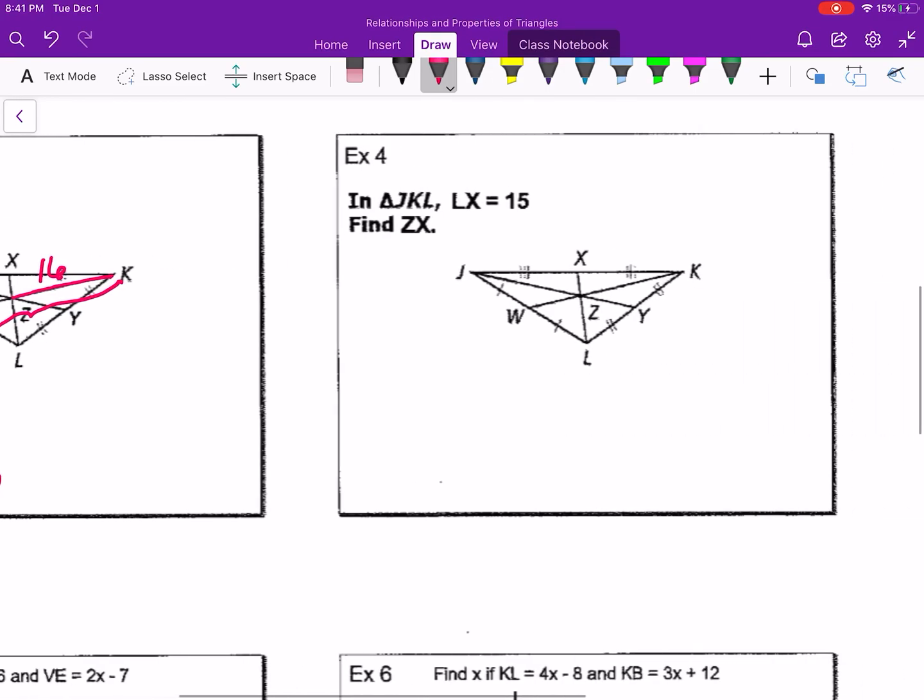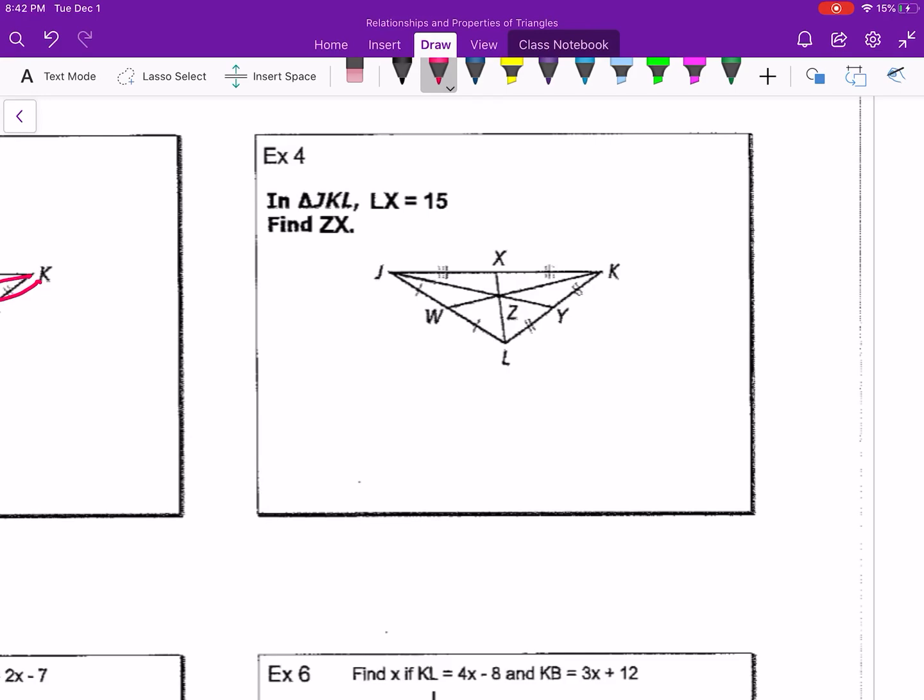Example number 4. We are given LX. Let's find that. All right, this time we're given the entire length. L to X is 15. And we are asked to find from Z to X. From Z to X is the shorter piece of that median. So we'll use the formula for the short piece.